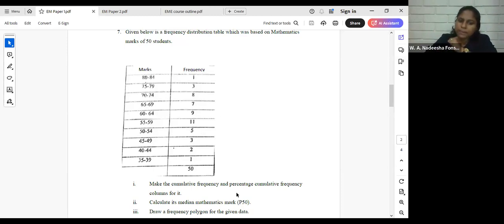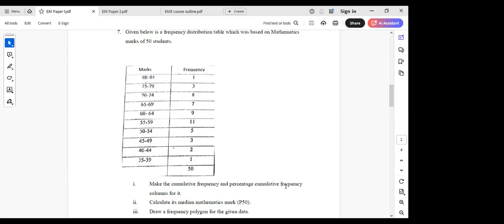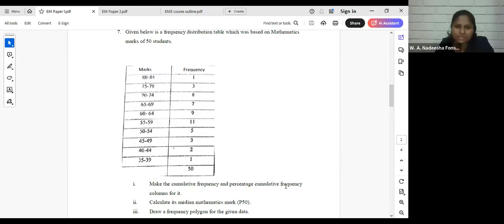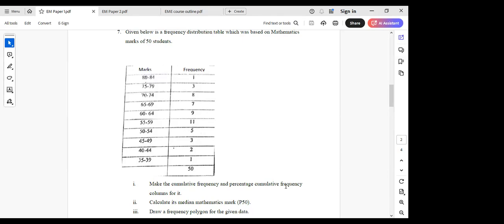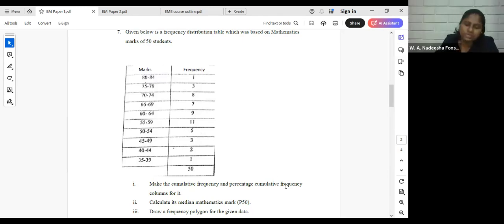Then percentage cumulative frequency. I asked you before, so at once you can't calculate percentage cumulative frequency. Before going to the percentage cumulative frequency, there should be another column. What is that? Yes, frequency percentage or percentage frequency. Then the last column is percentage cumulative frequency.